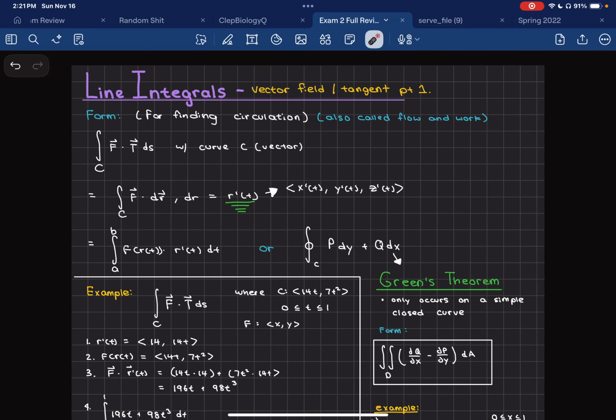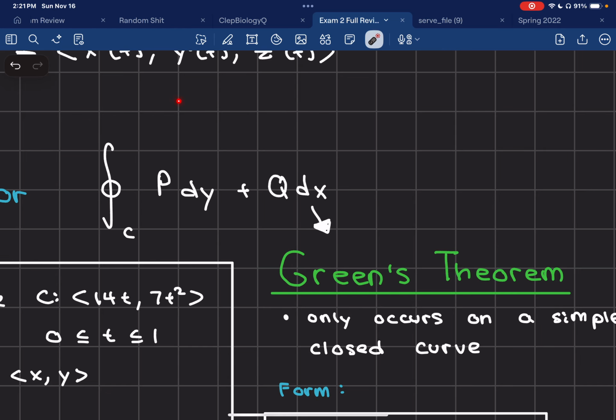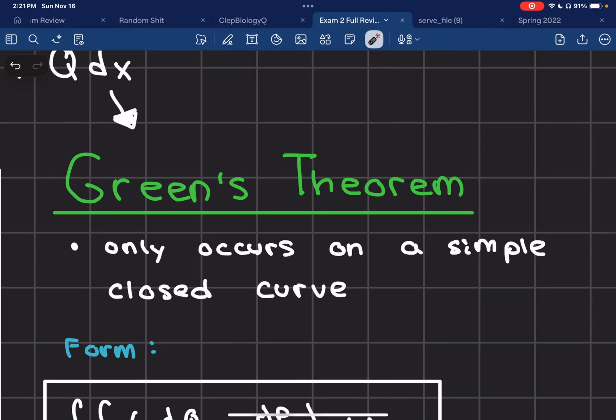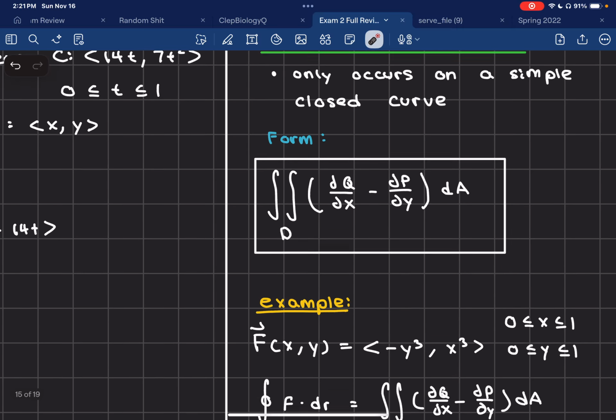Now, if it was put in this form, where this circle now means it's a closed simple loop, you can use what's known as one of the 3 fundamental theorems of calculus for Calc 3, which is Green's theorem. This only occurs on a simple closed curve. This is the form for it.